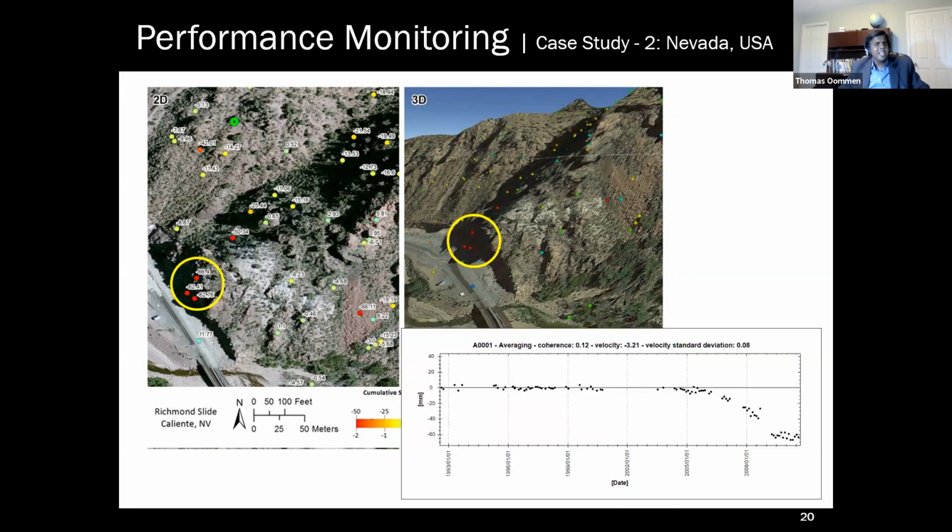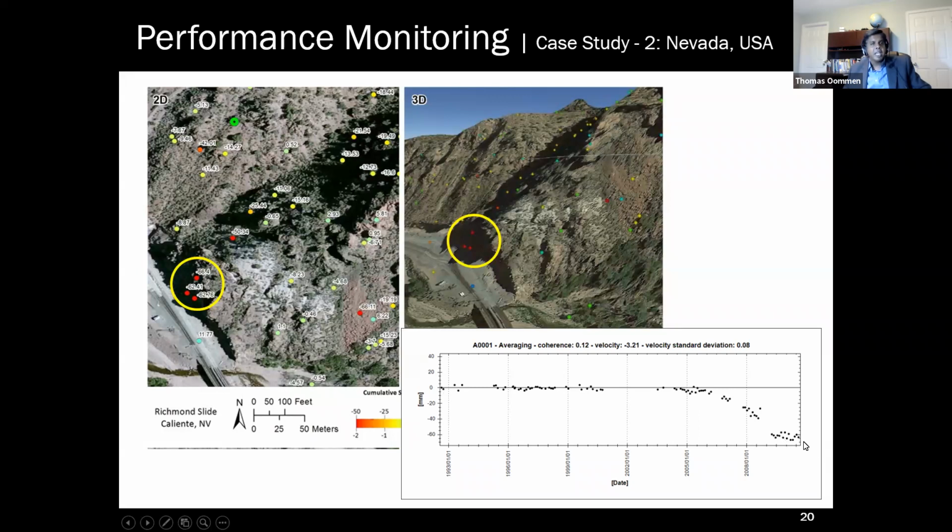So we looked at a time series of this, and as I said, as we combined the ERS and ENVISAT data, we had a nice time series all the way from 1992. And what we see is the slope was pretty stable all the way up to 2005. And then the slope started failing or started moving.